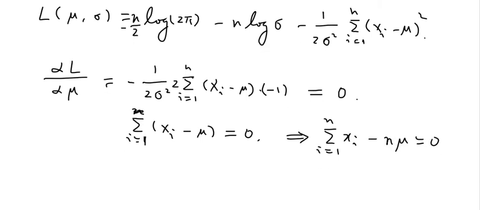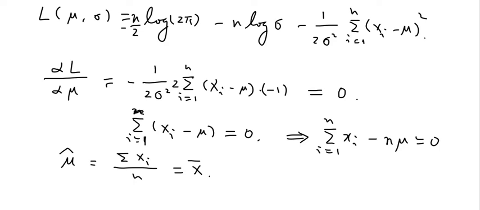So we get mu hat equal to the summation of xi over n. This is just x bar. So from MLE we get the same estimate for mu, just the sample average.